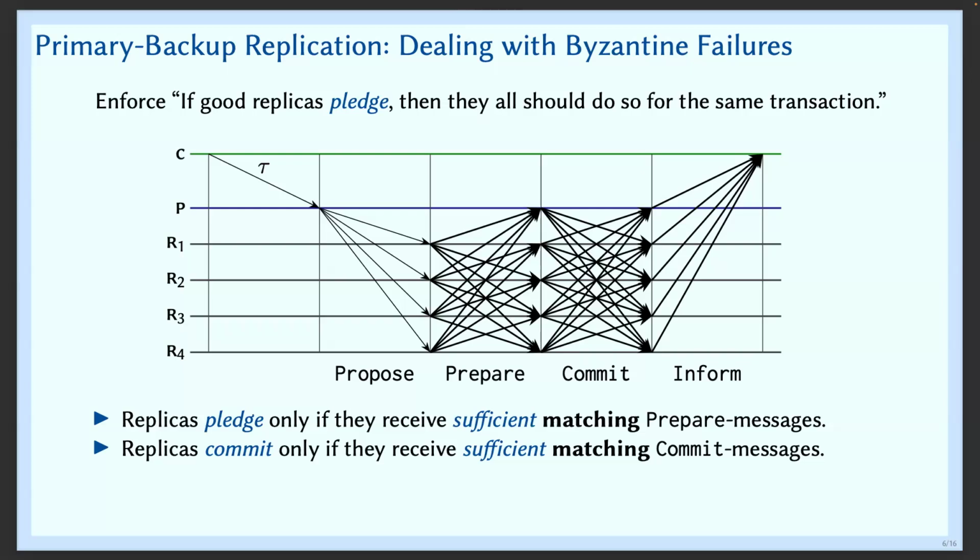Out of this 2F plus 1, F plus 1 of them are good. They said nothing happened. That means everybody else is the size of 2F. And this wouldn't have been sufficient to reach commitment. Even if all of these people, doesn't matter what they do, good or bad, even if all of them had prepared, it wouldn't have been sufficient to form a single commit core.